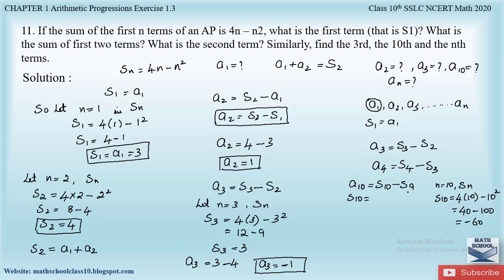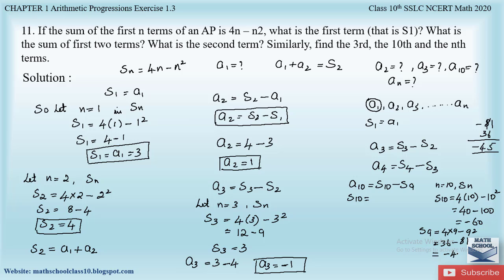Similarly, what is the S9 value? If we substitute n is equal to 9 in Sn, we will get S9 is equal to 4 into 9 minus 9 square. So 4 9s are 36 minus 9 9s are 81. If we subtract 81 and 36, we get minus 45.